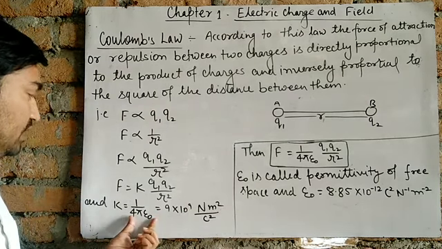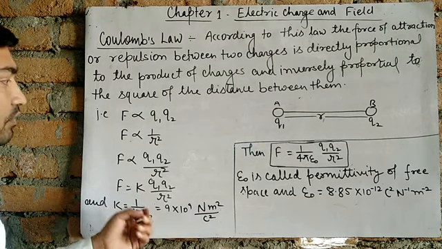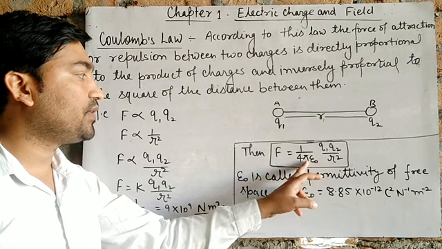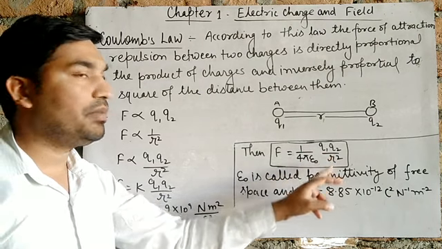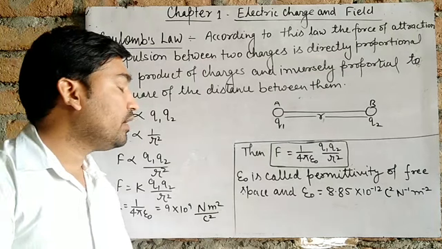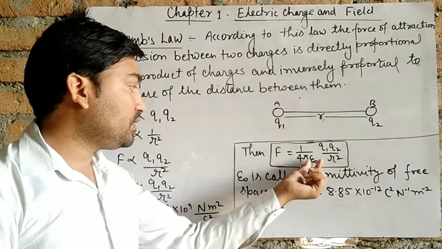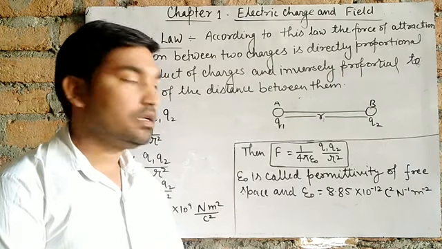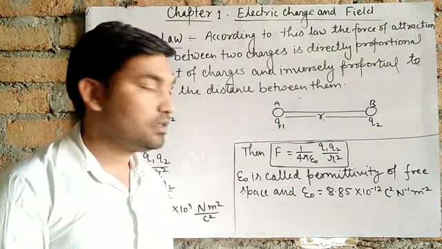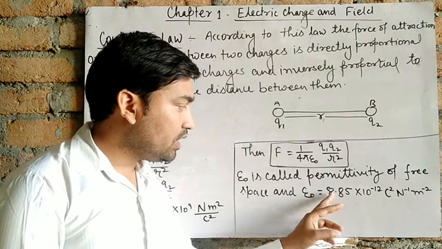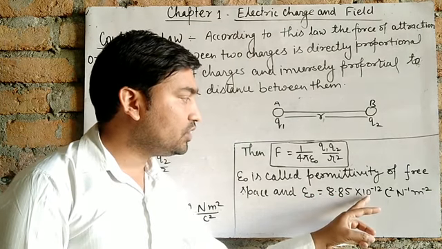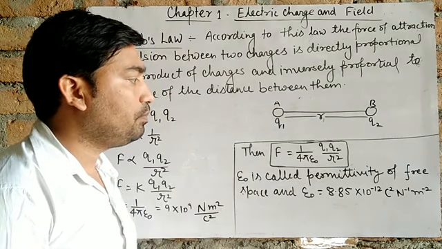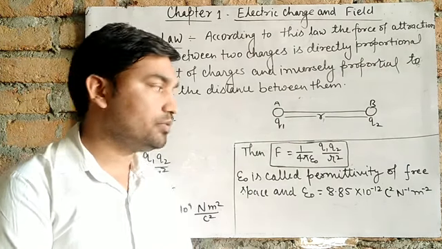After putting this value in the above equation, we get force equals 1 upon 4 pi epsilon naught times q1 q2 upon r square, where epsilon naught is called the permittivity of free space. In SI units, the value of epsilon naught is 8.85 into 10 to the power minus 12 Coulomb square Newton inverse meter to the power minus 2.